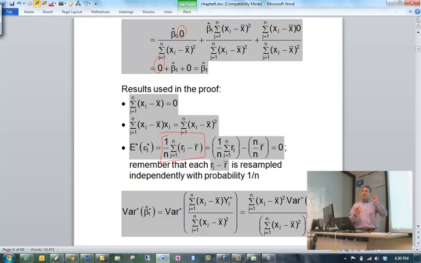So every rj minus r bar has a probability of 1 over n of being chosen. So here's my probability. I take it times the possible value that it can take on, these epsilon j stars, just basically applying something we did in Chapter 2. Do a little bit of math, and you get 0, which makes sense.